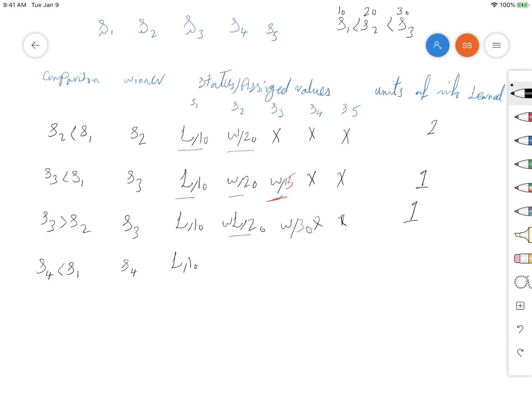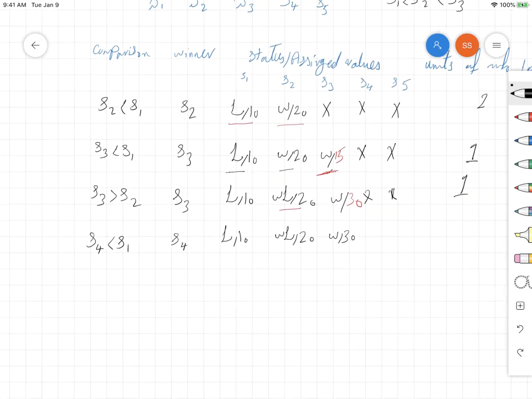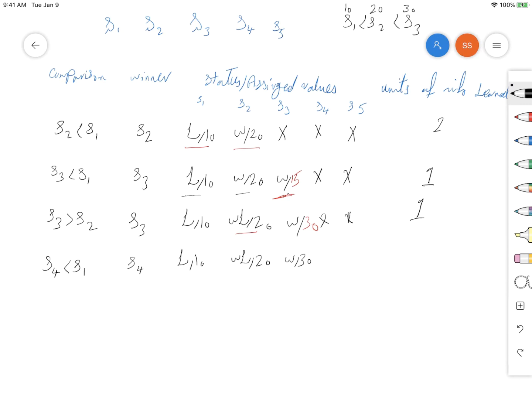So there's no change in the status of S2, because we haven't compared it and we don't know anything new about that. No change on the status of S3. And now S4 has a winning status. And still there is no change on the status of S5.